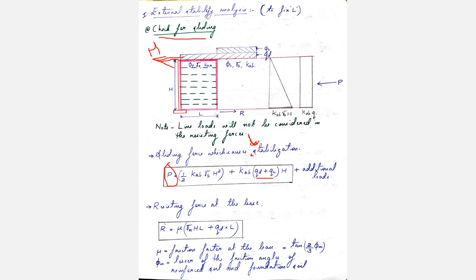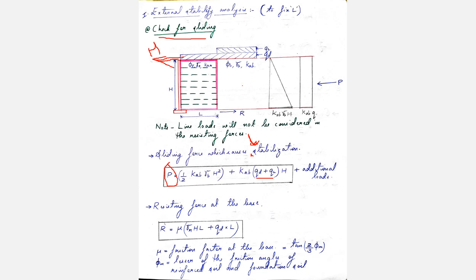That is why we have included live load in the calculation of the sliding force P, whereas in the calculation of the resisting force, we have not included the effect of live load. That is why in this figure also, the live load is not extended up to the rigid soil block. So the resistance force against sliding will be due to the self weight of this reinforced soil rigid block and the weight of the dead load.